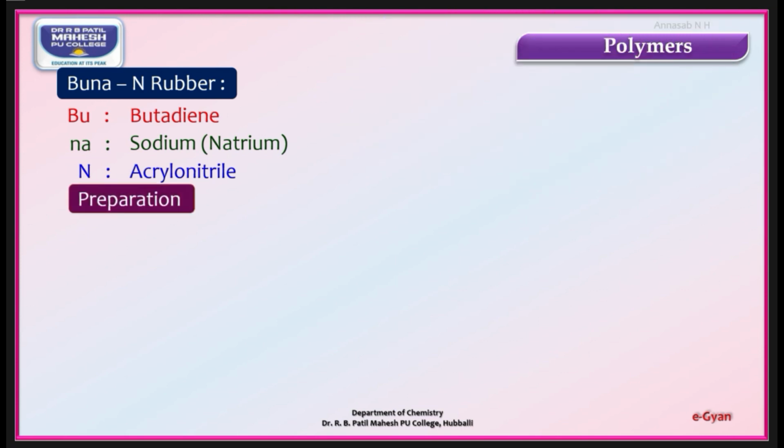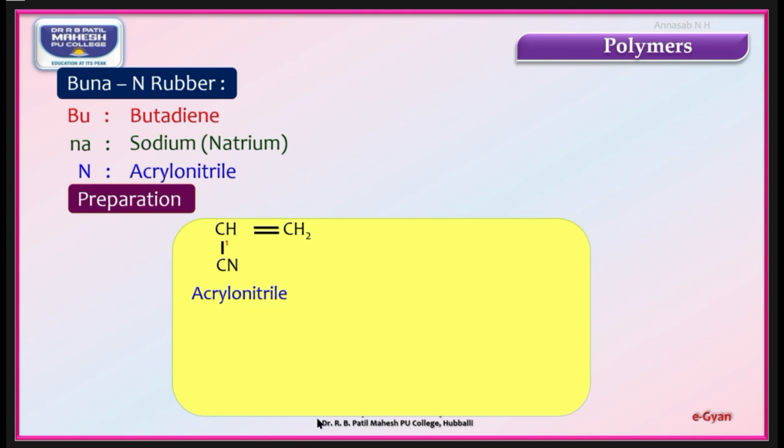So preparation, acrylonitrile, as we already discussed, is a derivative of the ethene molecule. One of the hydrogen atoms is replaced by CN group, nitrile group. Okay. So which is treated with 1,3-butadiene, CH2 double bond CH2.